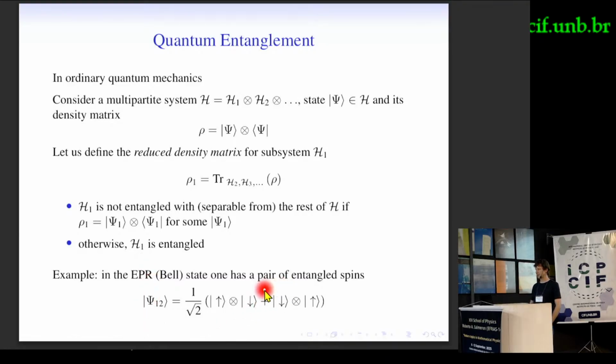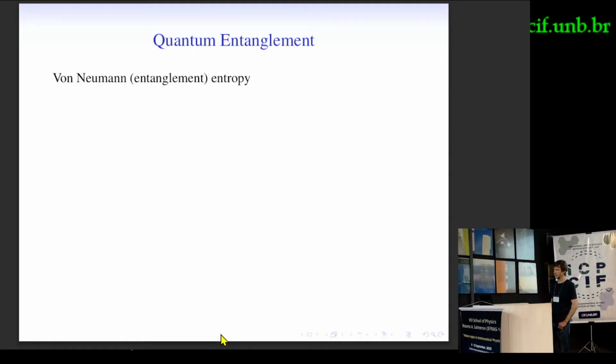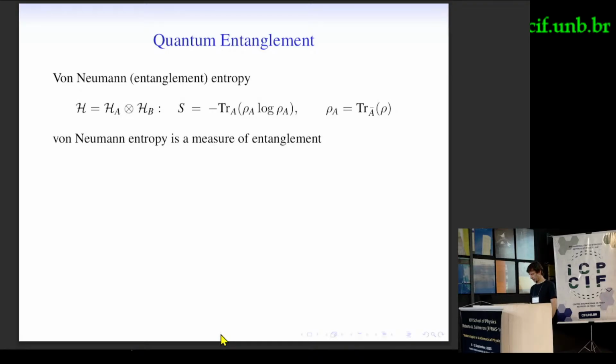So the classic property of this state is that if you collapse or project on any of the 2 spins, you will immediately know the state of the other spin. And so this property of knowing about the other subsystem by doing measurements on one particular subsystem is a form of correlation, and a measure of this correlation is called entanglement.